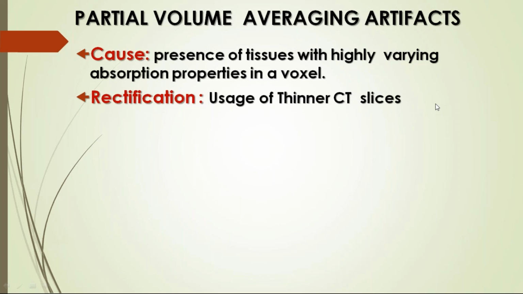So if you take the 5 mm slice, you will get the complete slice. We will differentiate the soft tissue from the bone.